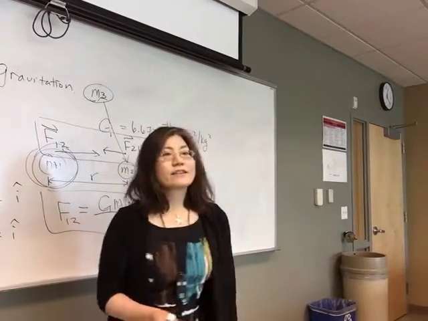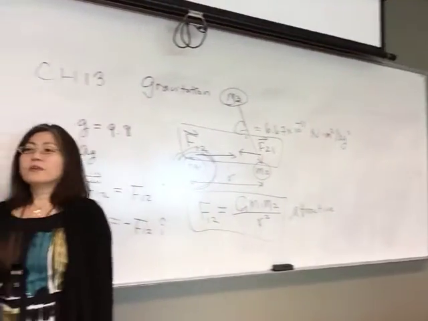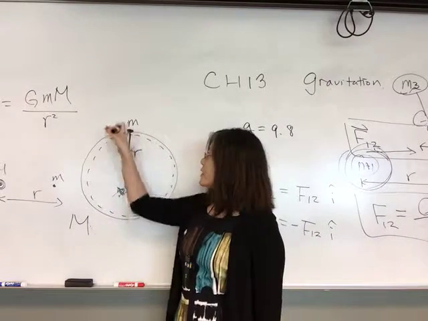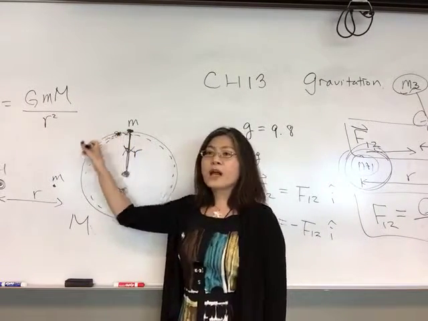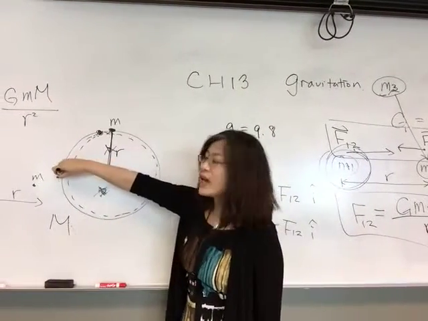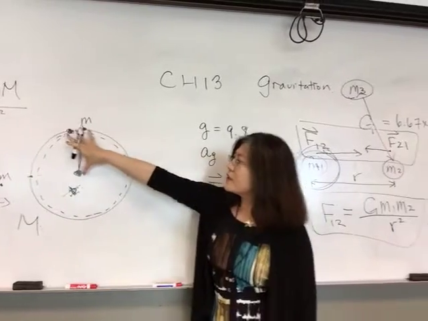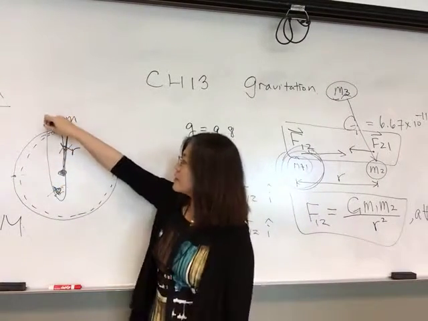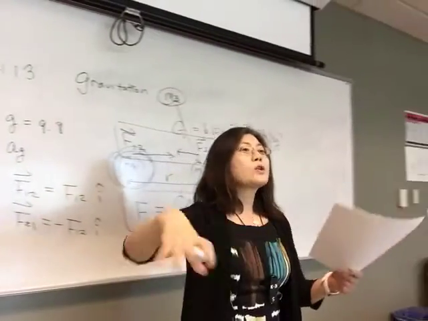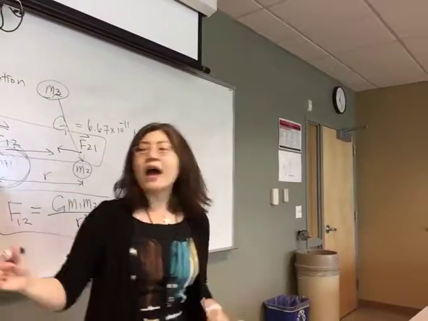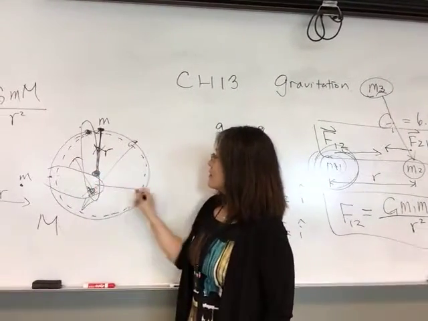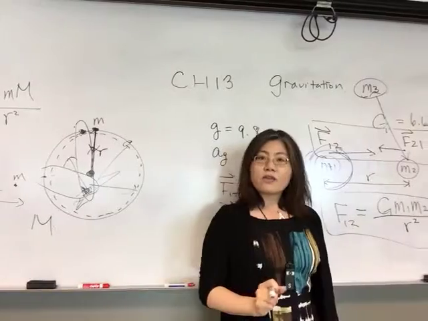The answer is it experiences no gravitational force whatsoever, because the key is that if you divide the spherical shell into tiny little masses, you have this tiny little mass here, and this tiny little mass here, and you form interactions, so there are forces pointing in all directions. When you have forces acting on this particle pointing in all directions, they cancel each other.